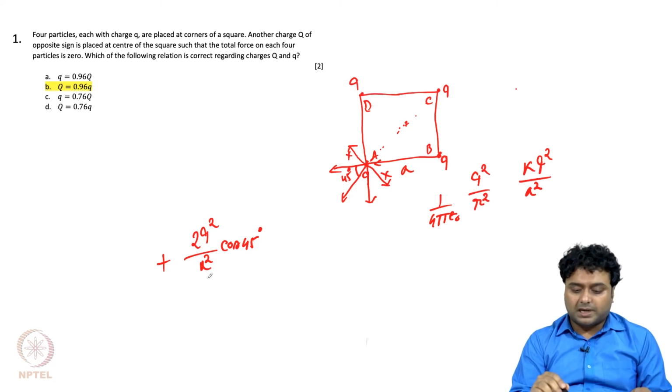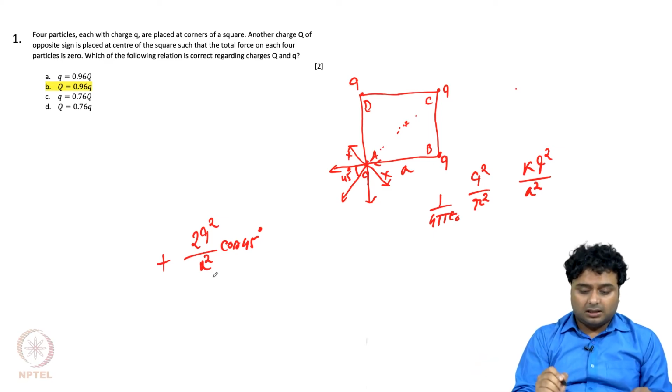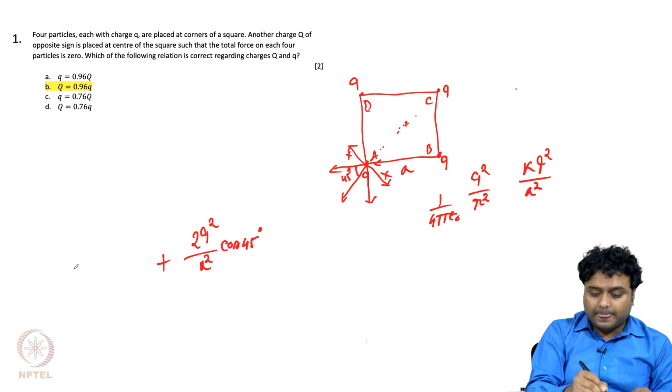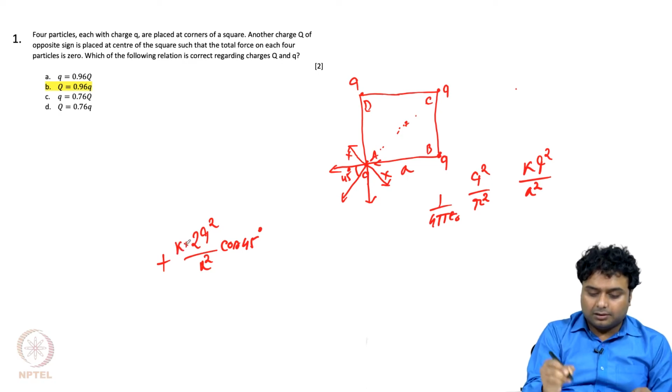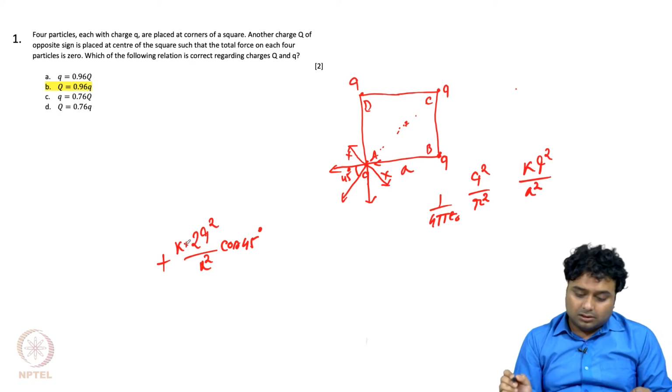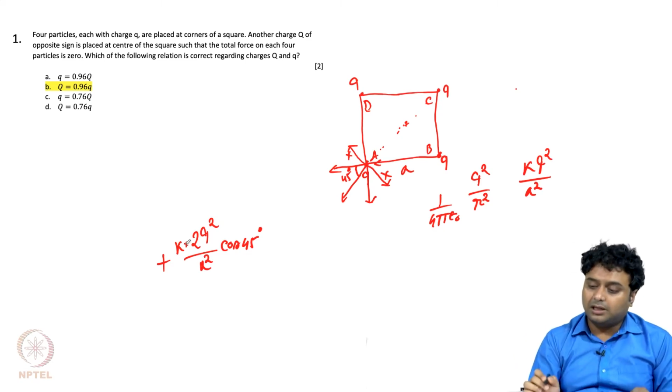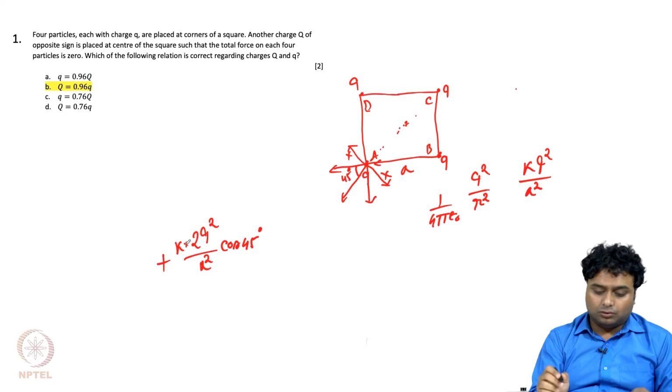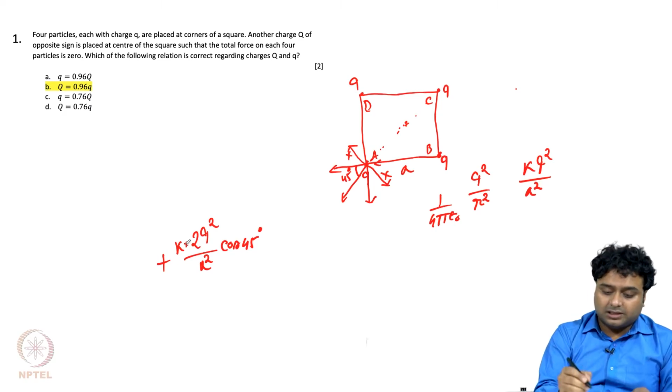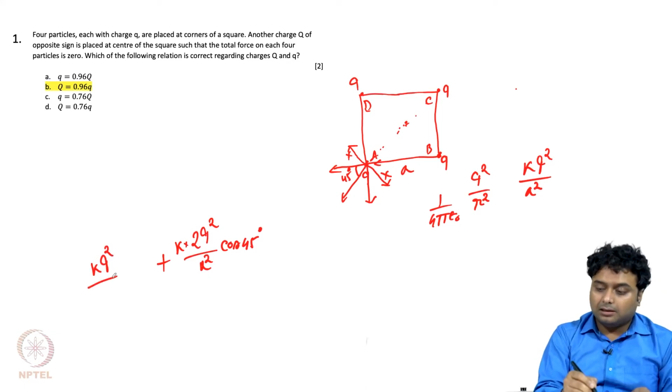So, 2 k q square by A square cos 45 degrees is because of the charges present at B and D, and then because of C it will be k q square by A root 2 whole square.